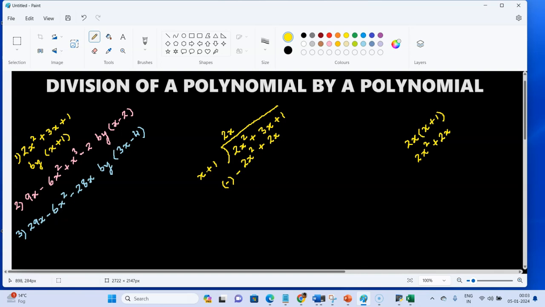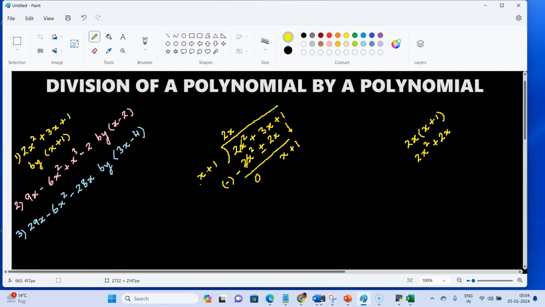The plus sign in front of this 2x will become minus, right? Now 2x square minus 2x square will be cancelled out, that is it will become 0. 3x minus 2x will be equal to x, and we slide down this one over here along with the sign, this will become x plus 1, right?